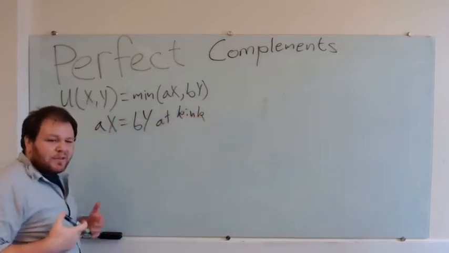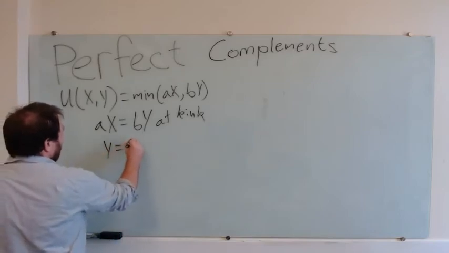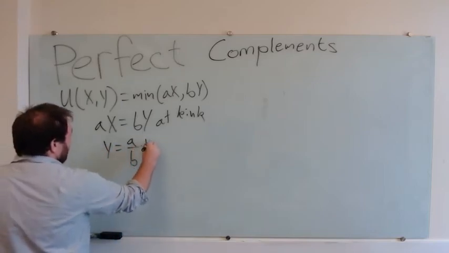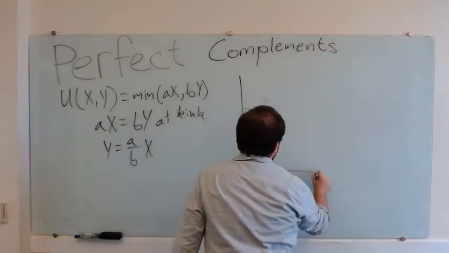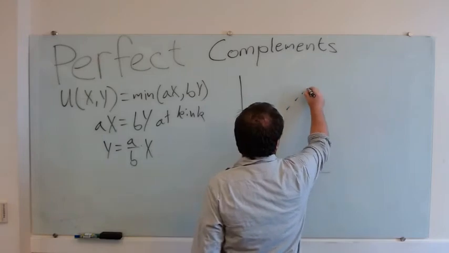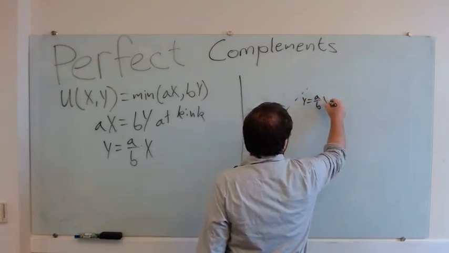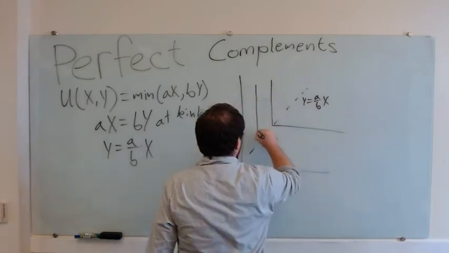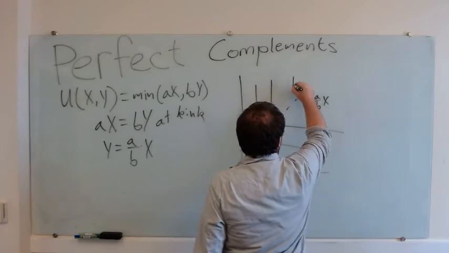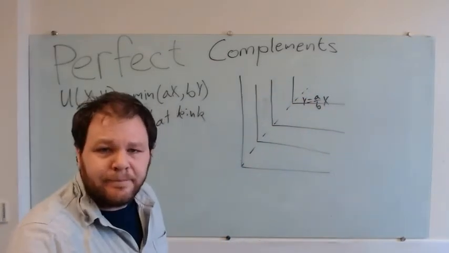And so then if we want, we can say y is going to equal a over b times x. That's going to describe that dotted line entry. So we're going to have a dotted line that is given by y equals a over b x, and all of our indifference curves are going to kink right along that dotted line.